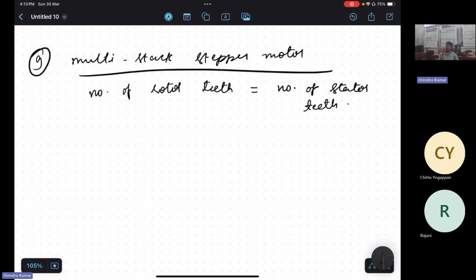Now, this question says a VR stepper motor has a step angle of 1.8 degree.